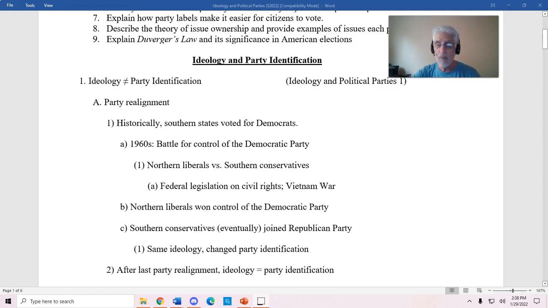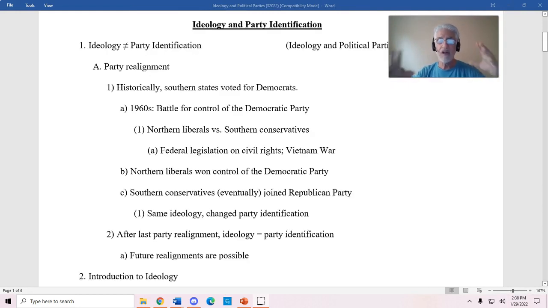So after the last party realignment that happened in the 1960s, ideology looks like it matches party identification perfectly. And so once again, if you grew up during this time, it's entirely understandable that you might think, well, ideology and party are the same thing. They're not. And just like there have been party realignments in the past, future realignments are possible as well.